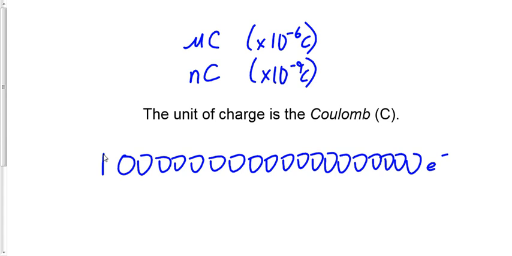We're not going to measure the distance from here to Calgary as 0.0000 whatever light years. We're going to measure it in meters or in kilometers because it makes more sense. So it often makes more sense to measure charge in nanocoulombs or in microcoulombs. Sometimes millicoulombs, and occasionally even coulombs. But don't be surprised when you see these units as well.